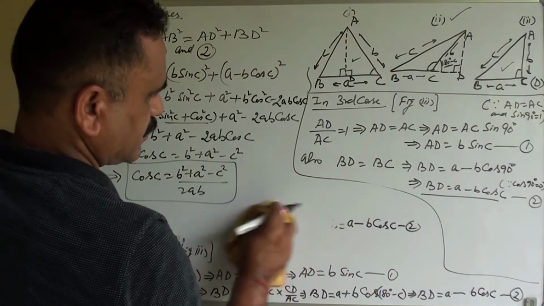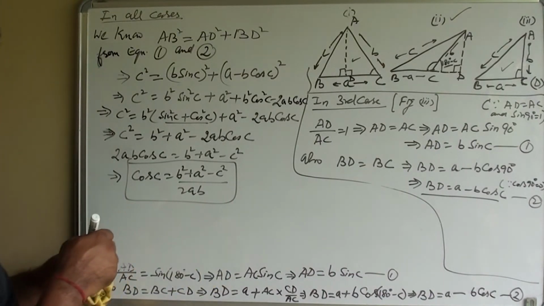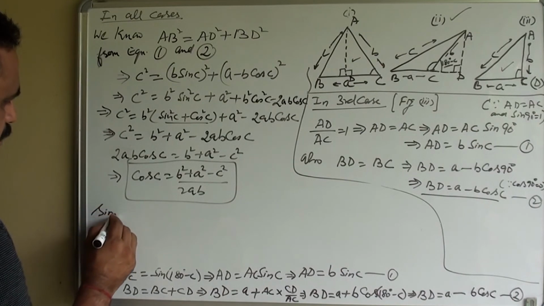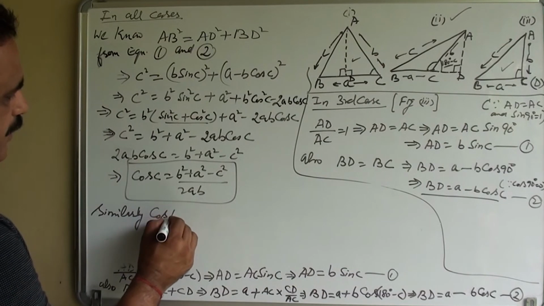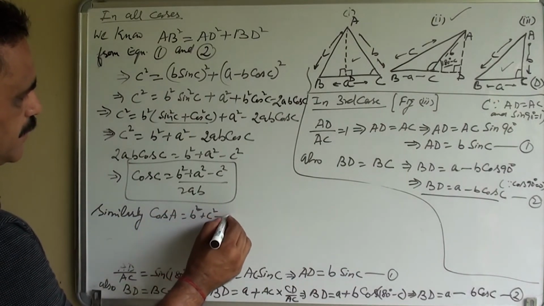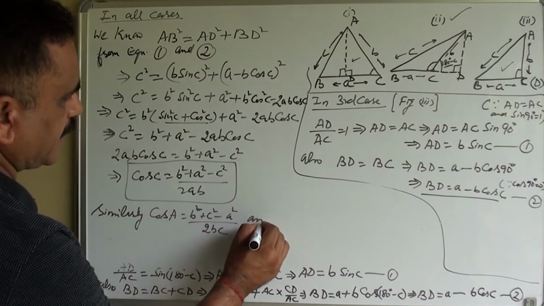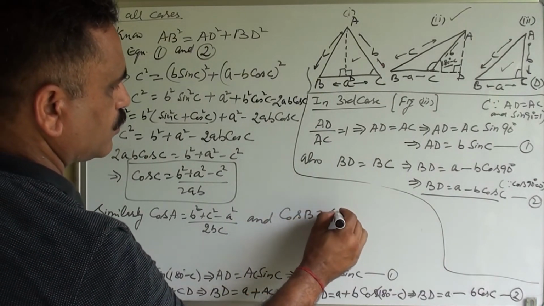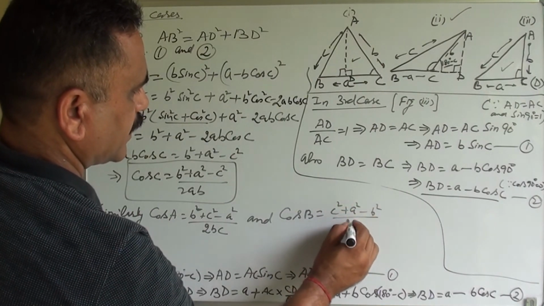This is the first angle by cosine formula. Similarly, cos of A is equal to B square plus C square minus A square by 2BC, and cos of B is equal to C square plus A square minus B square by 2CA.